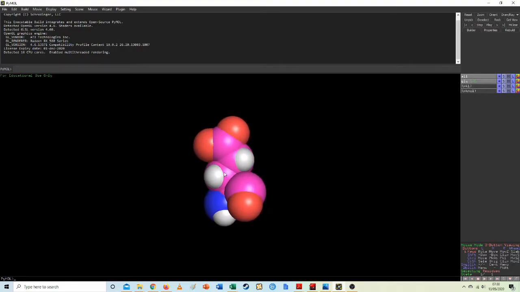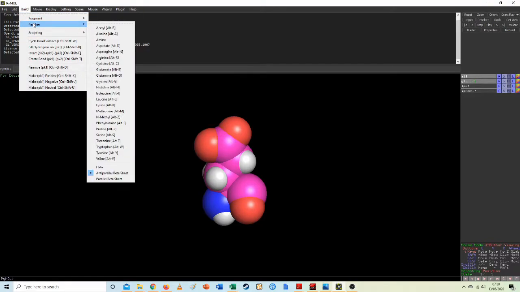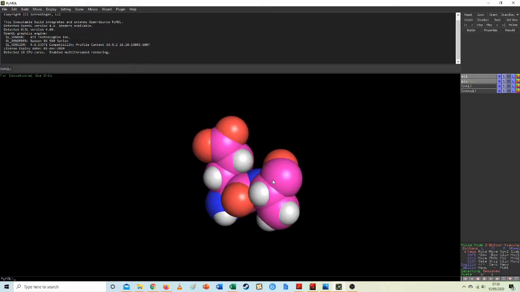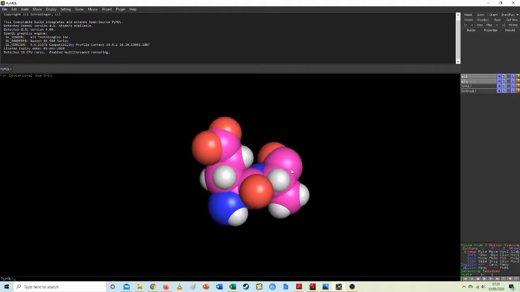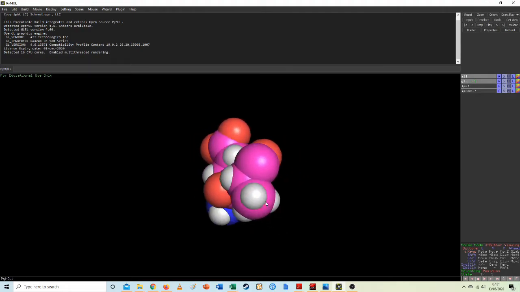So a bit more like our Molly mod, much more realistic than our Molly mod, and like we just covered, that's really showing you what those electron clouds look like. So last time we had that glutamic acid, and I think I put alanine in, which looks like that. Yay, our little alanine.